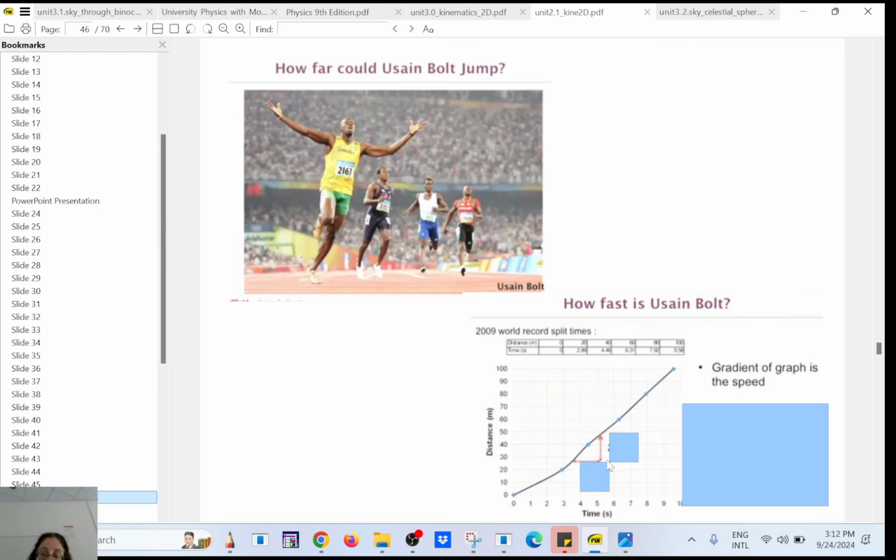And what's the rise here? It's about 20. From here to there is about 20. And from here to there is about 20. Is that 1 second or 2 seconds? 1.5?